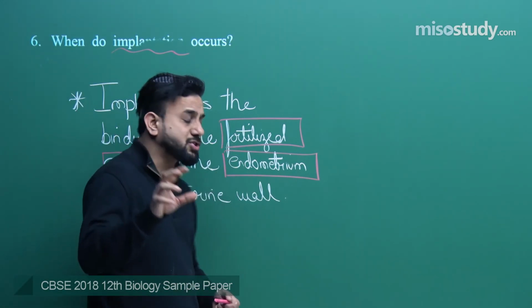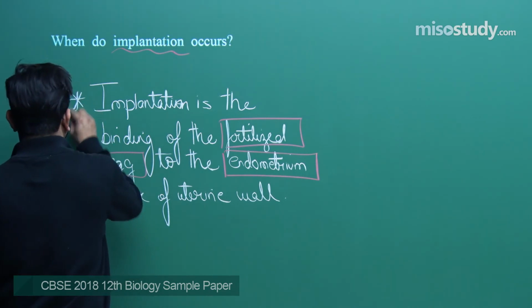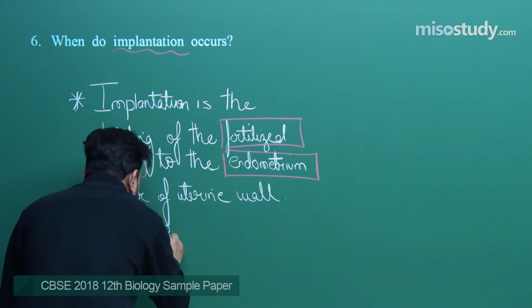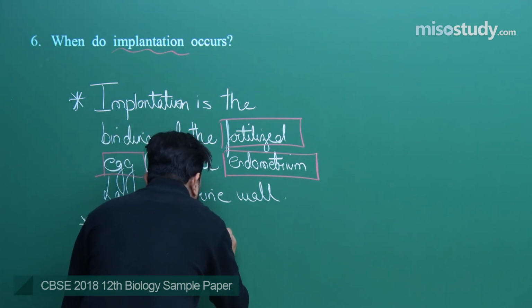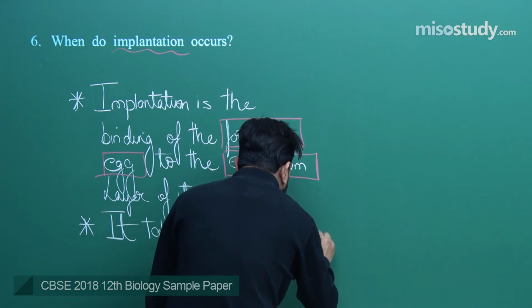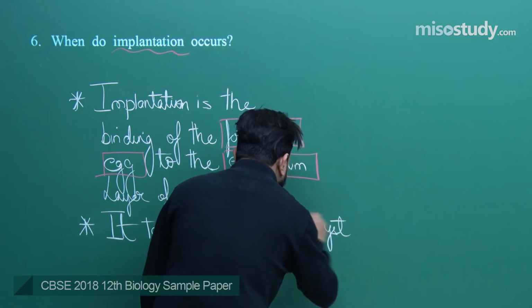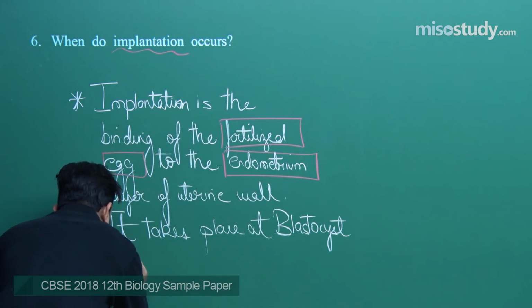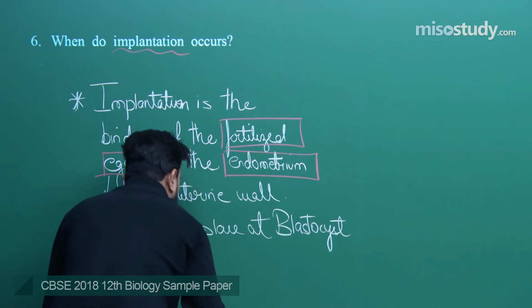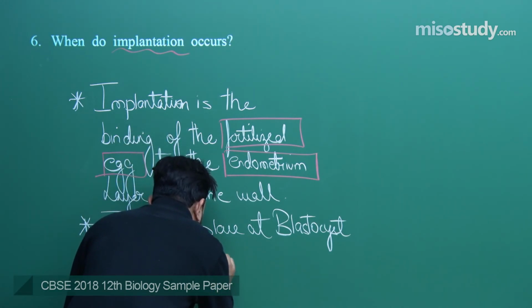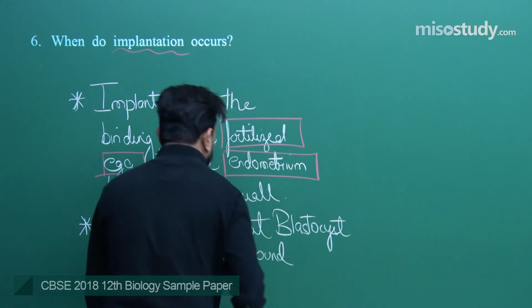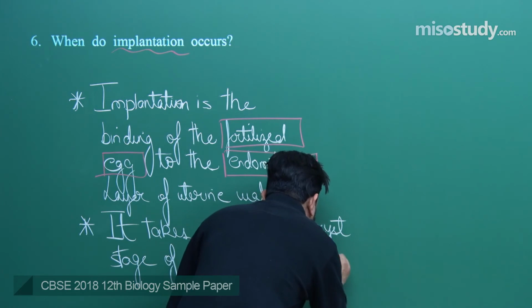It takes place at which stage? It takes place at the blastocyst stage of the zygote, around 5 to 8 days.